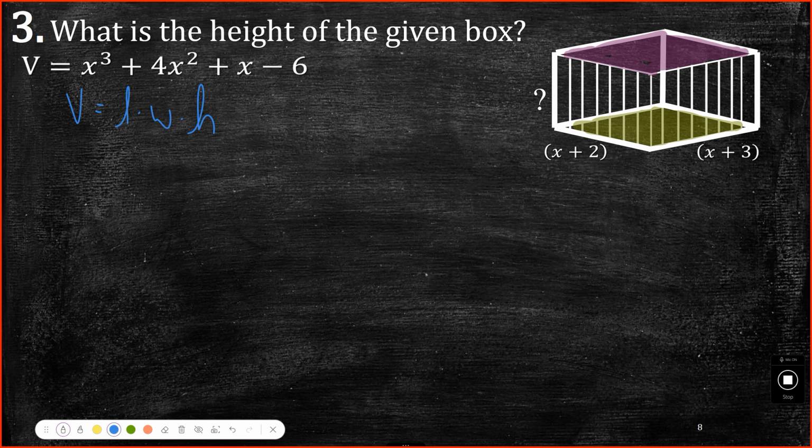So the way I'm going to do it is put a question mark for the height. We want the height, H. So we can go x plus 2 times x plus 3 times the height equals the volume, and this is the volume.